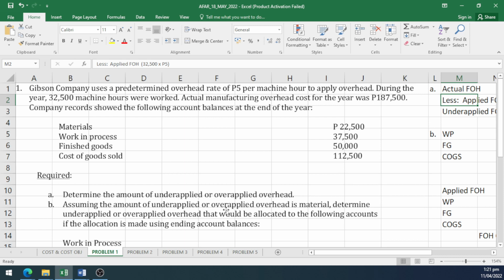Actual overhead costs for the year was 187,500. And here are the records. Materials inventory, end of the year, 22,500. Work in process, finished goods, and cost of goods sold. These are the balances, of course, before the disposition of the over or under applied factory overhead.